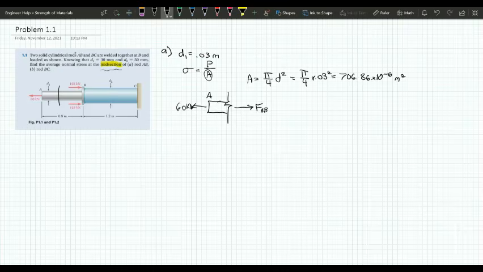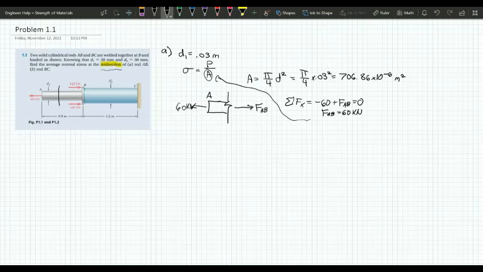Right? So let's sum the forces in the X to find FAB. So sum of the forces in the X equals negative 60 plus FAB equals 0. And then solving for the force, you get FAB equals 60 kilonewtons.